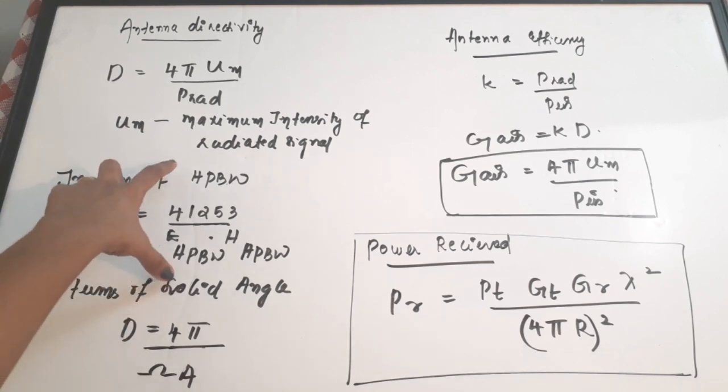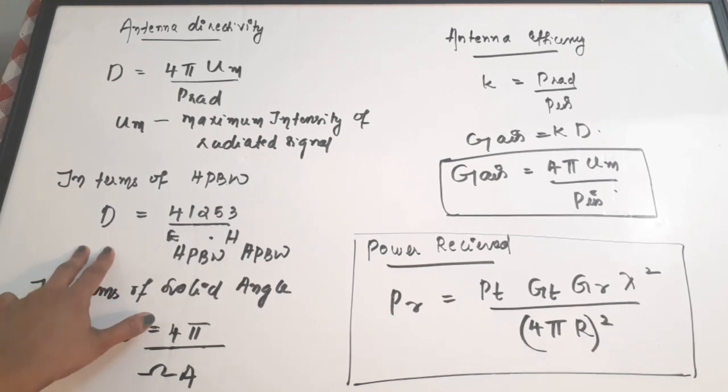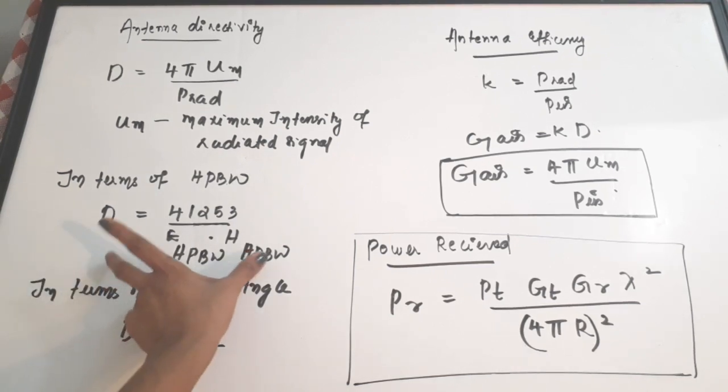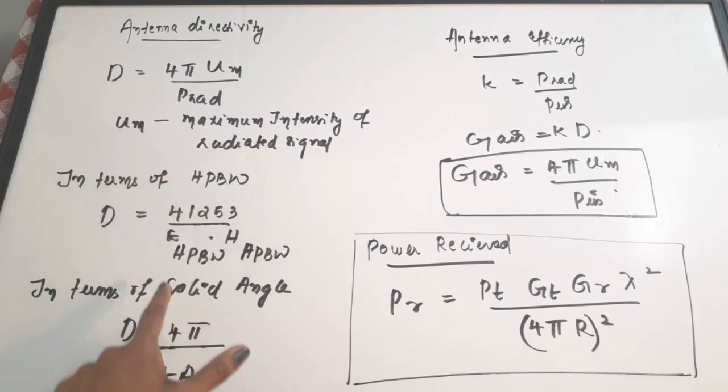Now another very important equation is in terms of the half power beam width. In terms of the half power beam width, we can represent directivity as, this is not a very commonly seen equation, but it is useful and it is commonly asked. Okay.